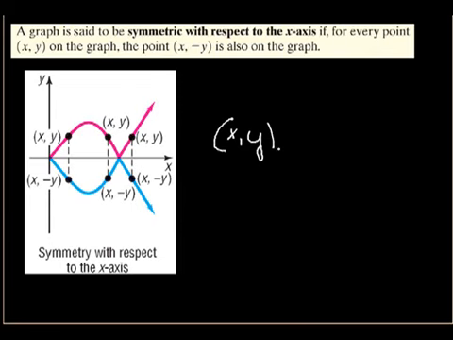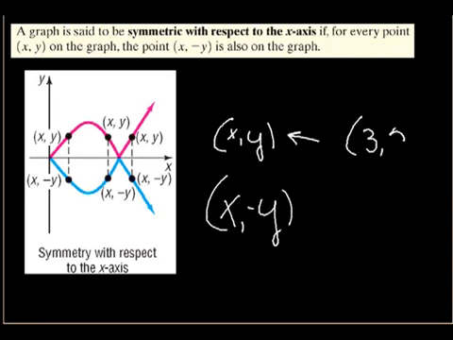If this is your original, then x, -y, is the symmetry. So for instance, if I had 3, 5 for a point, the symmetry with respect to the x-axis would simply be 3, -5. And that's really all there is to that.